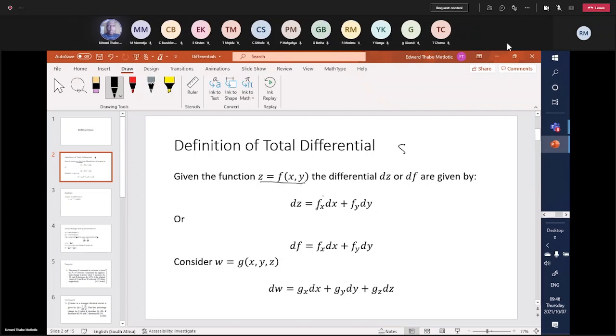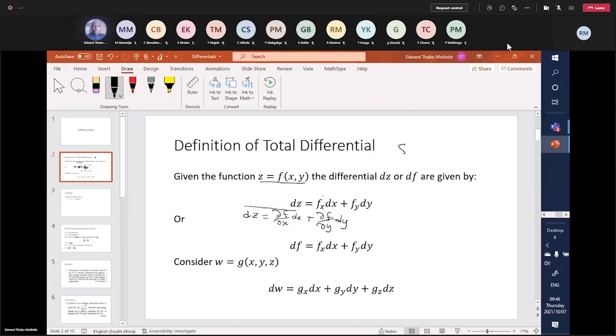Now to determine the total differential, this is how you determine it. dz is equal to: you differentiate f partially with respect to x, you multiply it by dx, you differentiate f partially with respect to y, you multiply it by dy. This is called a total differential.